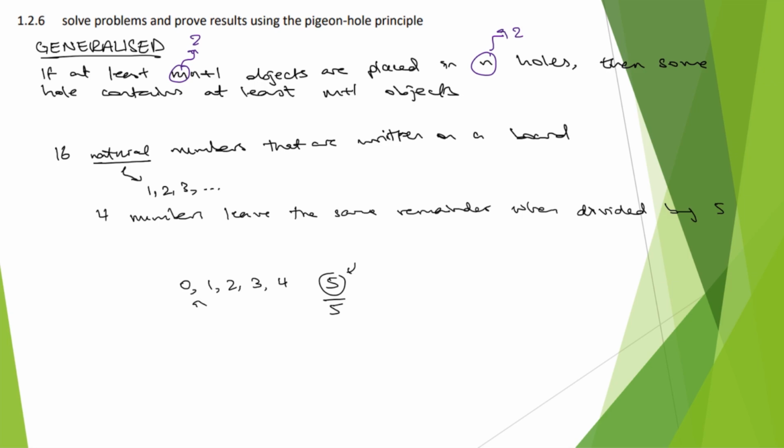Okay? So, 0, 1, 2, 3, and 4. All right, so in this case, we have 5 pigeonholes. Okay, so in this case, we have 16 pigeons because we have 16 natural numbers. We have 16 pigeons and 5 pigeonholes.